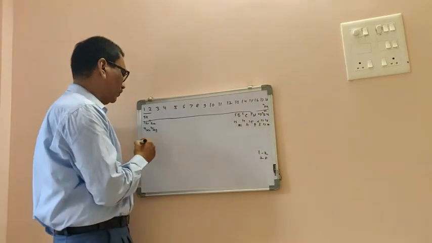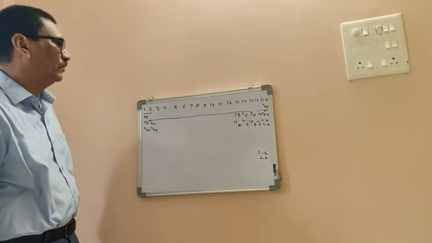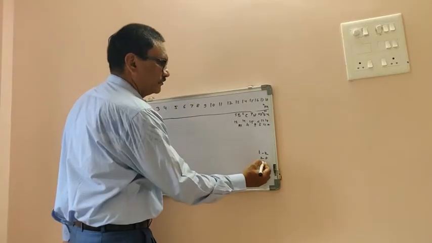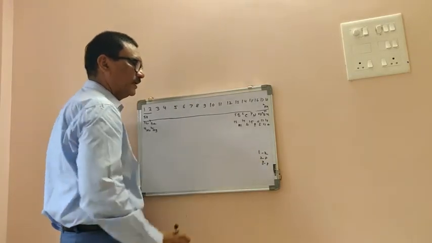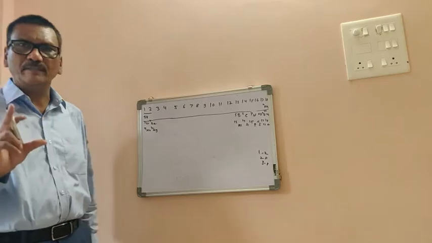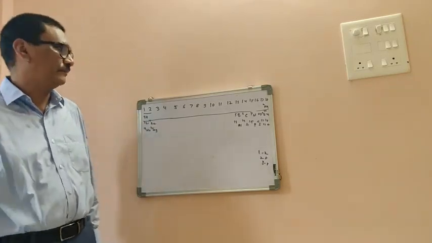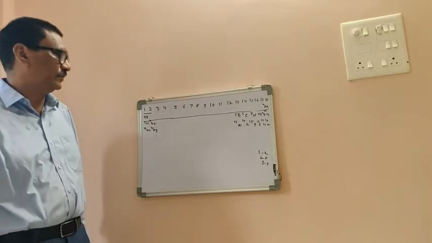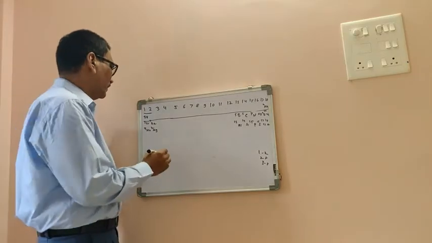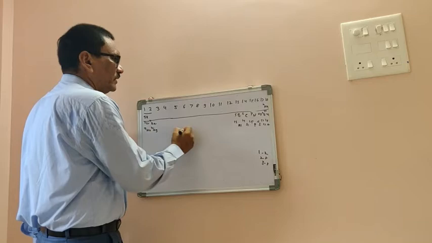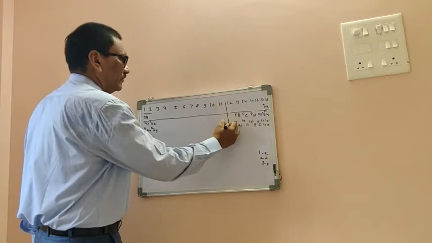Like that, the third period will be over. So the third period also contains 8 elements. That indicates that the first period contains only 2 elements, and the second and third periods contain 8 elements, which are the short periods. There is no physical separation here between this and this.